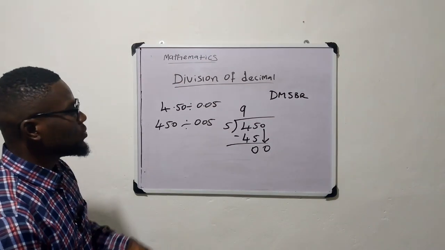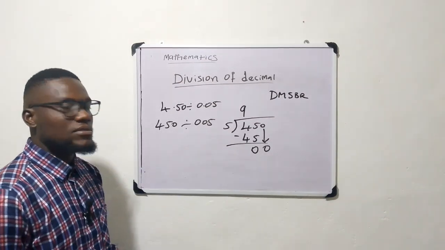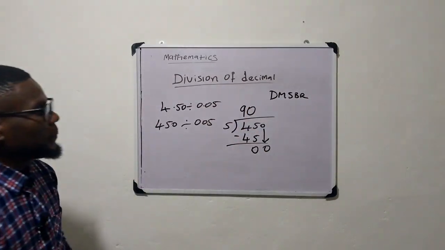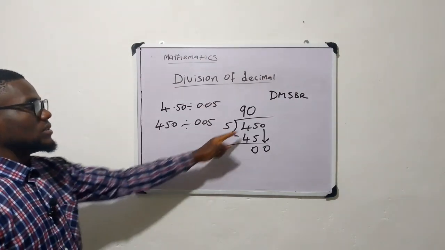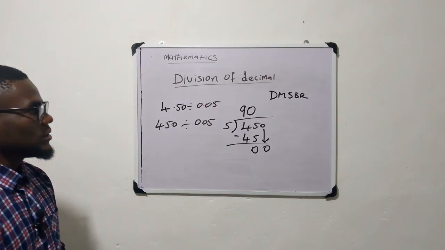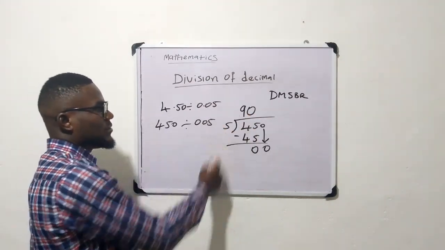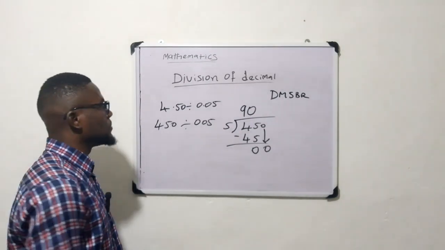When we divide 0 by 5, we have 0. So that is to say our final answer is 90, because if you multiply 0 by 5, you're going to have 0. So this is our final answer.